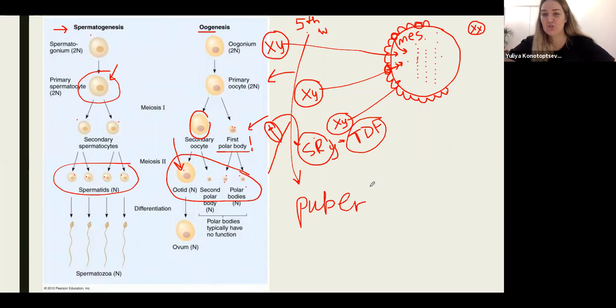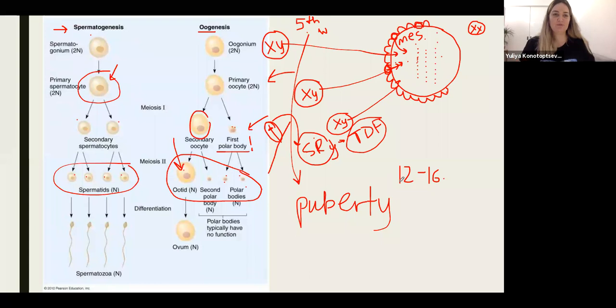Nothing is happening to the sex cords until your boy is born. And not only born, actually reached approximately 12 to 16 years old, because everybody reaches puberty differently. We always say in English that I am hitting puberty, right? Why do we say I hit puberty?